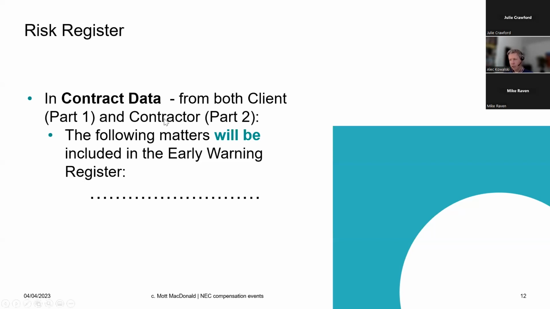And if they put it in this statement in contract data part 2, it does not transfer that risk onto the client. It's often misunderstood, this section. I think it's probably one of the reasons that they changed the wording from NEC3 risk register to NEC4 early warning register, to try and distinguish a little bit about what we're doing here.